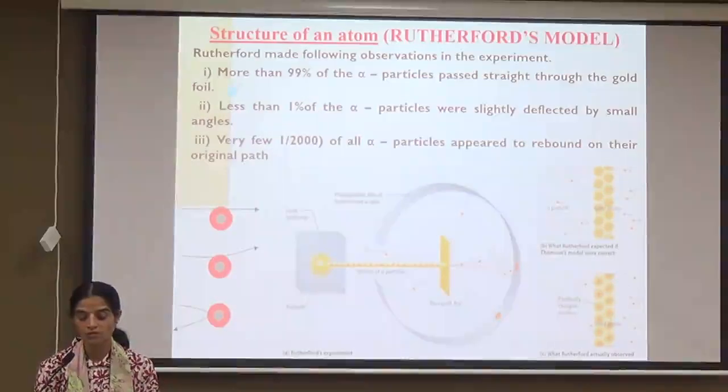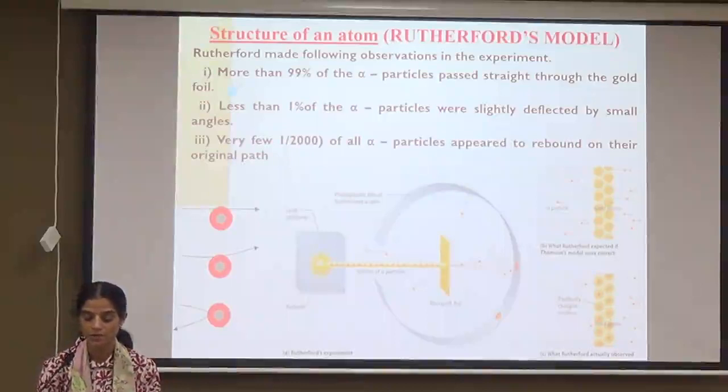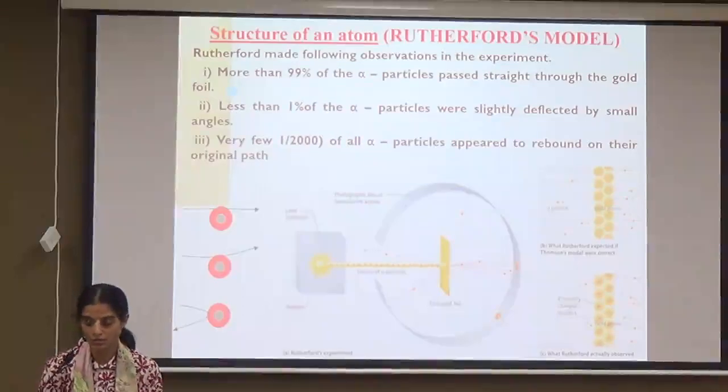It was observed that more than 99% of the alpha particles passed straight through the gold foil. Just less than 1% of the alpha particles were slightly deflected by small angles, and very few, 1 out of 2000 of all alpha particles, appeared to rebound or revert on their original path.